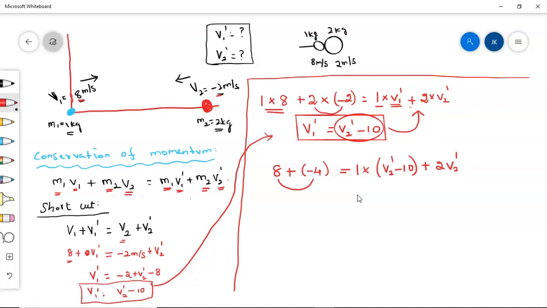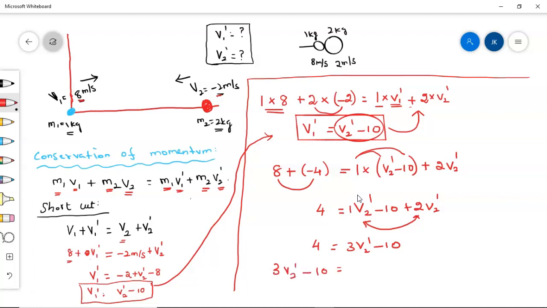So if you simplify, you will get 4. You multiply this, you get the same value: v2 prime minus 10 plus 2 v2 prime. Now we simplify this. Here 1, here 2, which means 3 v2 prime minus 10.